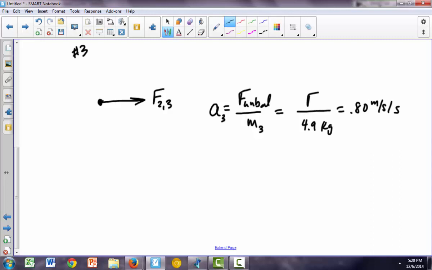It's moving at exactly the same rate as all the other boxes are. So 0.8 times 4.9 is 39.2. So the unbalanced force is 39.2 newtons.